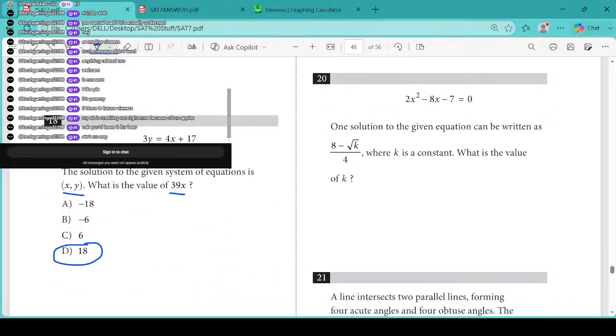It's asking for 39x, and in our solution we found 13x equals 6. So we just multiply by 3 instead of solving for x, which gives us a lot of decimals, right? There's a rational number. I think it's 6 over 13, yeah.